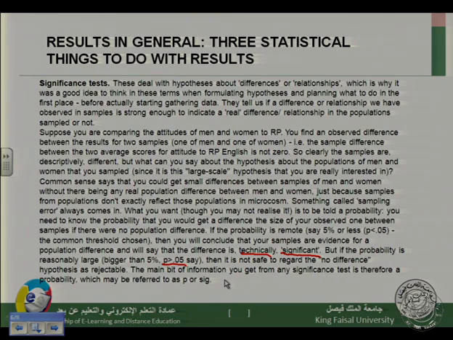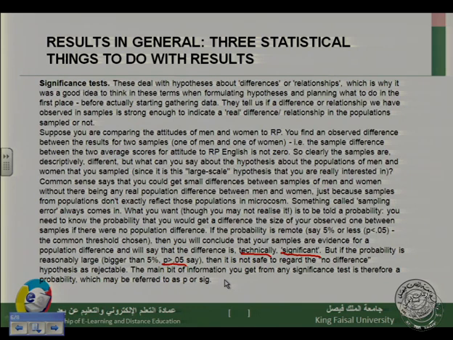Let's say your hypothesis says men will have more positive attitudes than women, and you get a p-value of 0.05, then your hypothesis is confirmed. But if you get a p-value larger than 0.05, and you get, for example, from your data that the women have more positive attitudes than men, then your hypothesis is rejected.